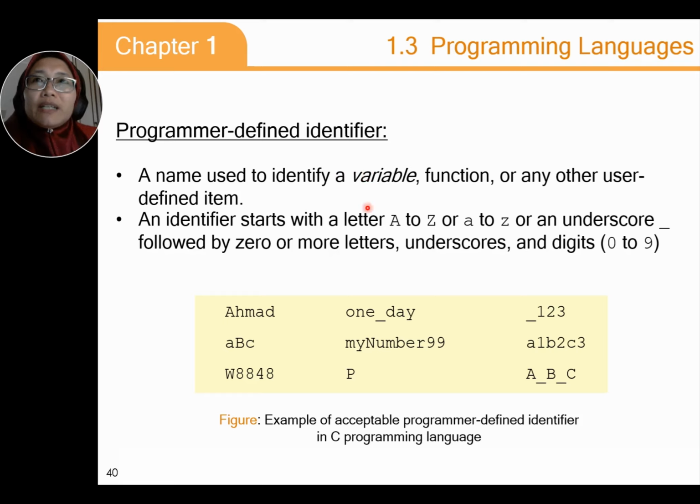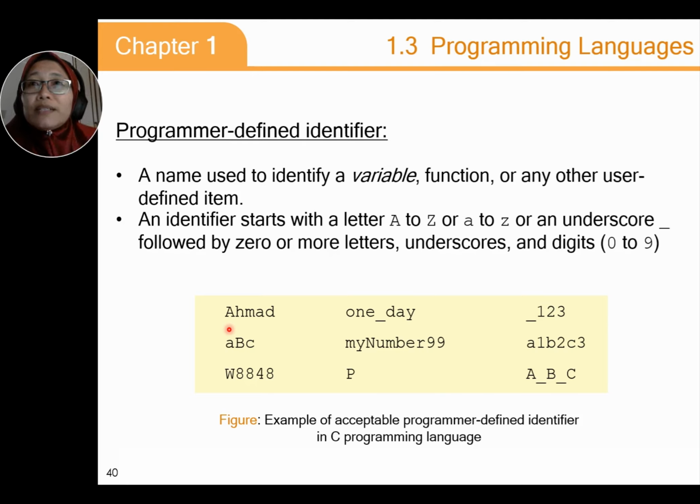So these are programmer-defined identifiers: a name used to identify a variable, function, or any other user-defined item. How do you write an identifier? An identifier can start with a capital A to Z, or a lowercase a to z, or an underscore, followed by zero or more letters, underscores, and digits. These are examples of acceptable programmer-defined identifiers.